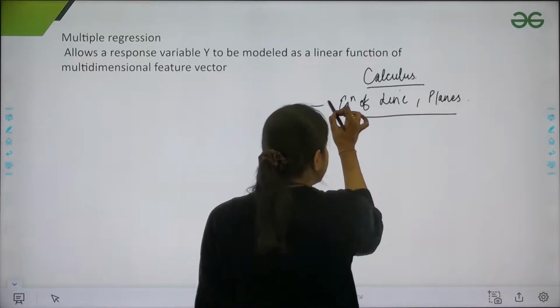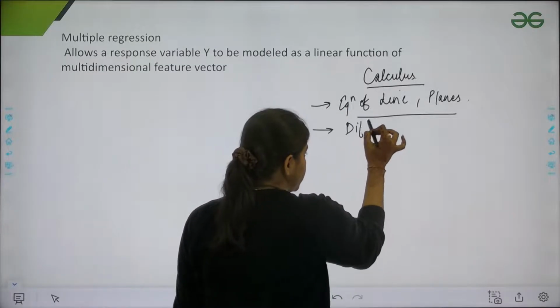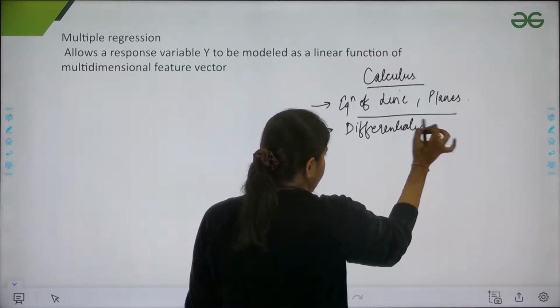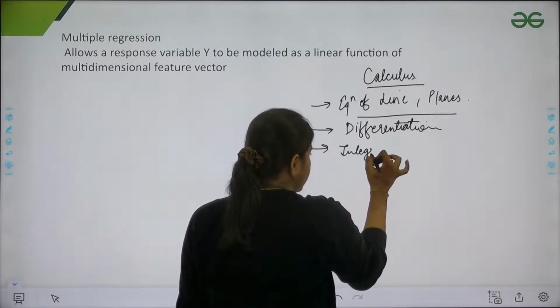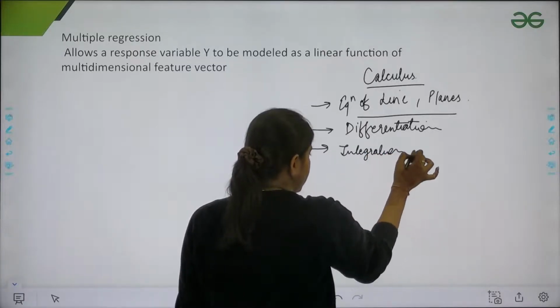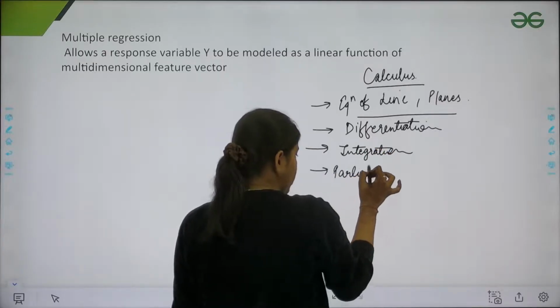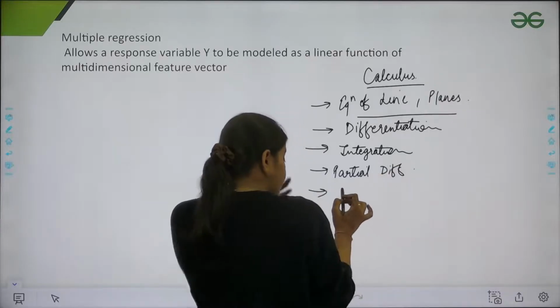And then you have to go through differentiation, and also integration, partial differentiation as well. Just go through the basics of these topics, then it would get clearer, right?